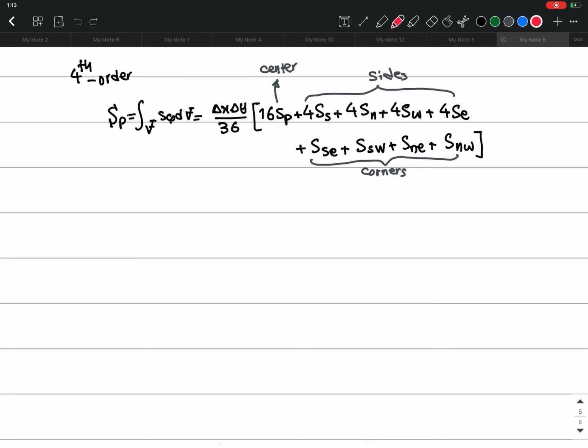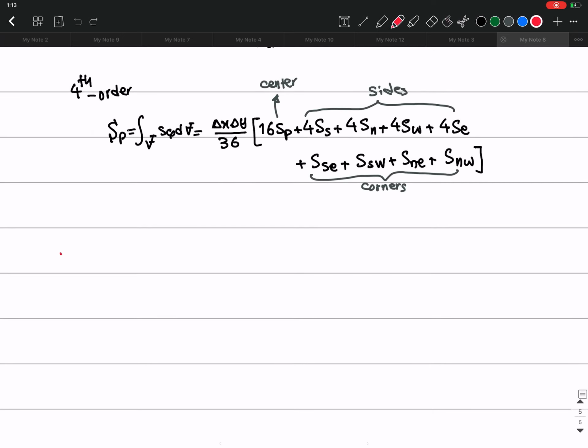So let me get started with introducing a generic one-dimensional finite volume method.